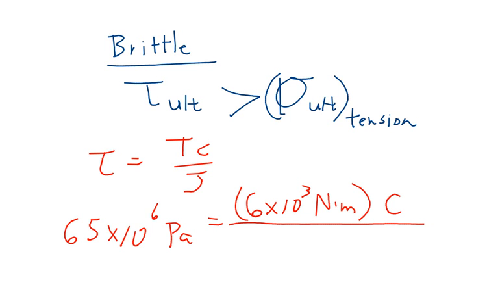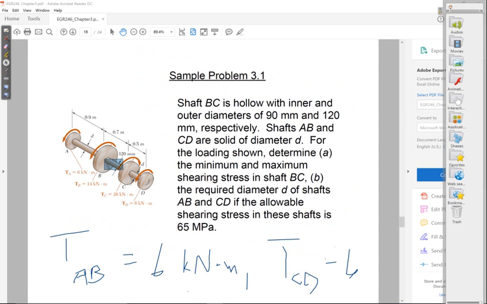I'm solving for the diameter, so I solve for C and multiply by 2. And J, if you remember, is 1/2 pi C to the 4th for a solid shaft. The only unknown that you have is C. So you're going to solve for C, multiply by 2 to get the diameter for shafts AB and CD.